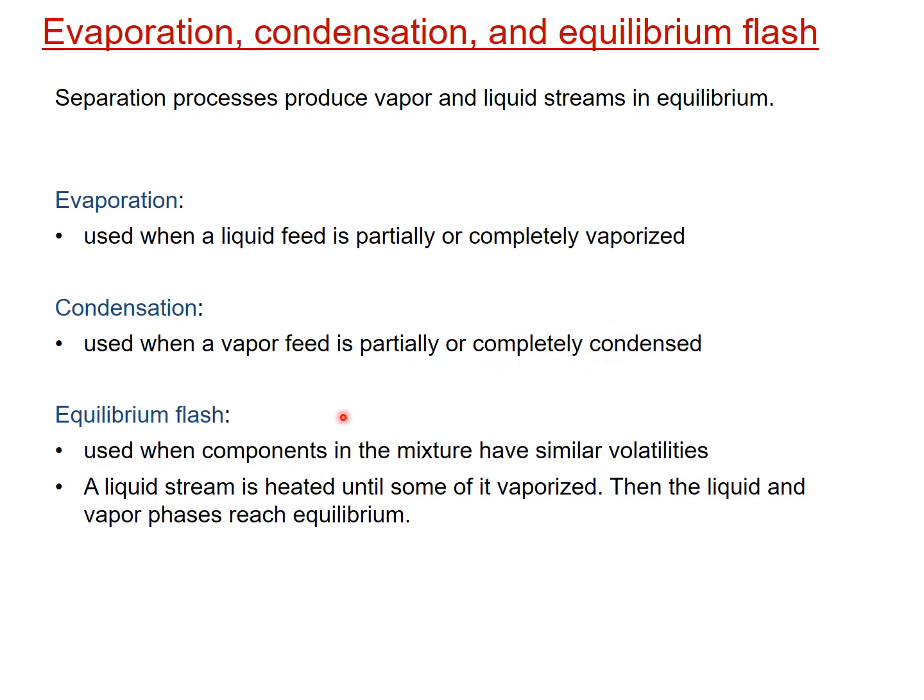And the third one is equilibrium flash, which is used when components in the mixture have similar volatilities. A liquid stream is heated until some of it is vaporized. Then the liquid and vapor phases reach equilibrium. Let's try to understand those separation methods by using some examples.